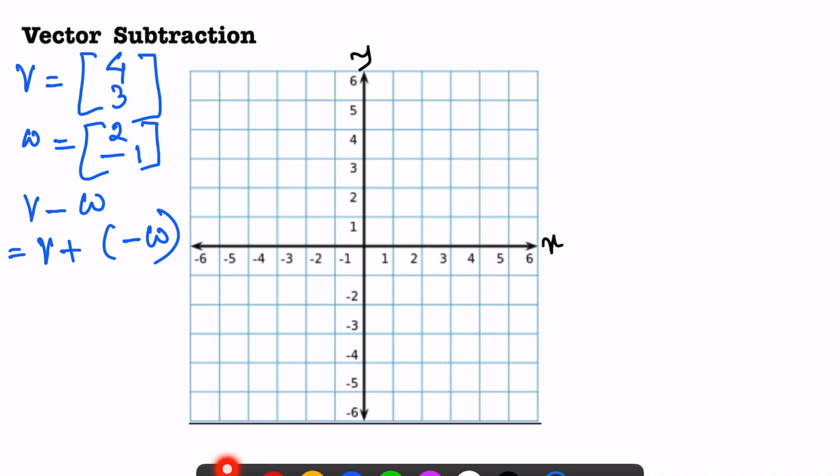So vector v is this. Vector w is 2, -1, is 2 steps in the positive x direction and 1 step in the negative y direction. So this is vector w.